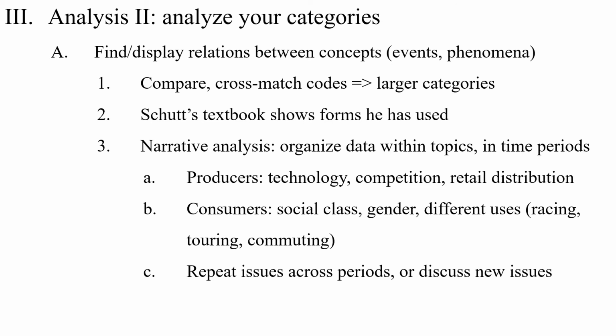Then you would take those three, Chinese conspiracy, American conspiracy, it's just a hoax completely, and you could group the three of those together as skepticism of news reports. That would be your larger category.